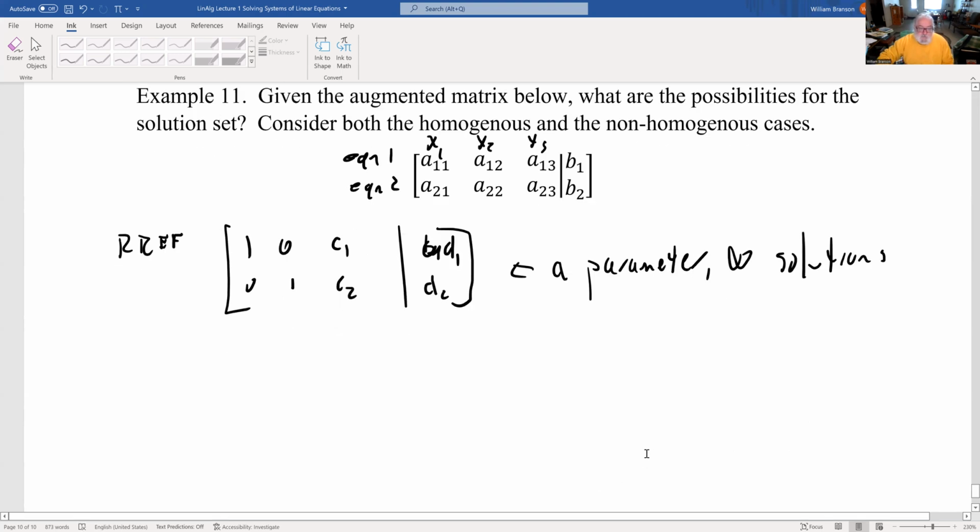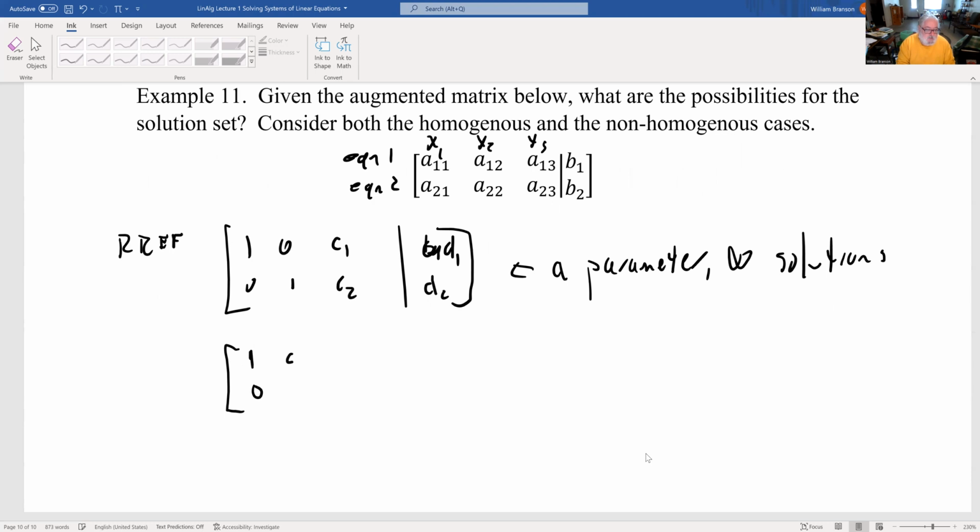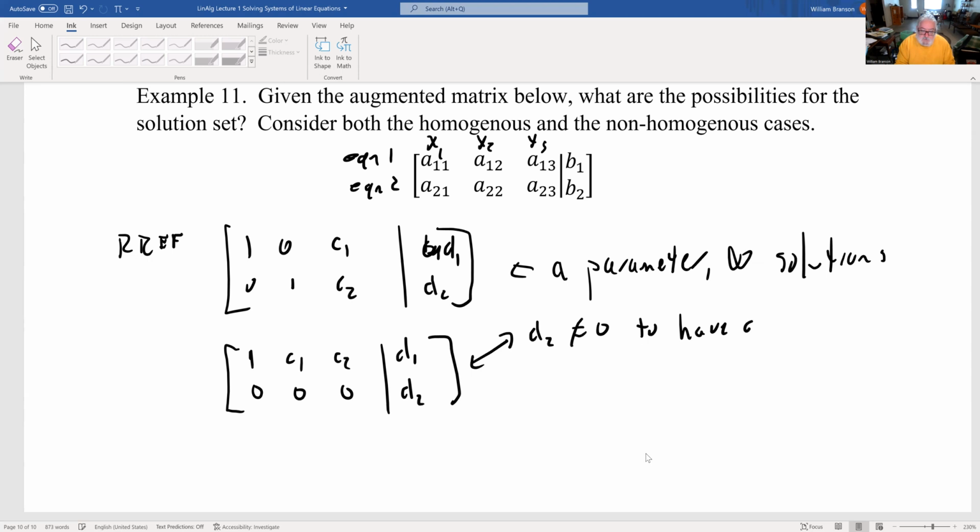That's usually what happens, but sometimes you could have a reduced row echelon form where you just have one leading one, so a 1 and a 0, and then a C1 here and a 0, and a C2 there and a 0. And then a D1 and a D2. And here again, you would need D2 equal to 0 to have any solutions.